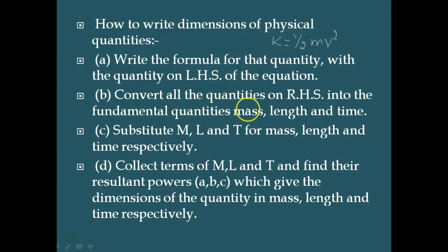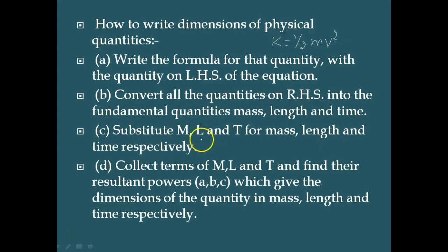Convert all the quantities on the RHS into the fundamental quantities like mass, length and time. So we know m is mass, and the fundamental quantity itself is mass. Again, for velocity, we can write it using the fundamental quantities, that is displacement by time, isn't it?